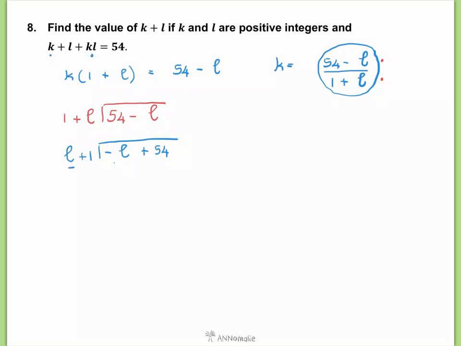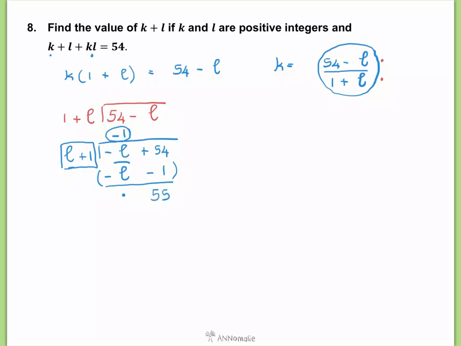So l divides into minus l, minus 1 times. Multiply the minus 1 with this divisor and we end up with minus l and minus 1. Then we subtract. Minus l subtracted by minus l results in nothing, and 54 minus minus 1 results in 55.